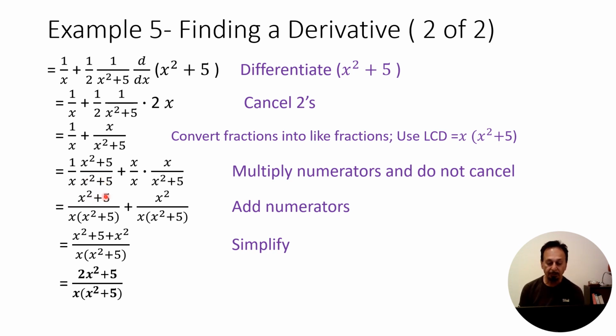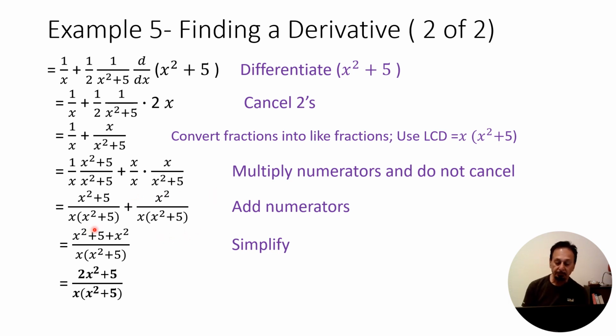For the second fraction, we multiply x over x, so it becomes x times x over x times x squared plus 5. Now multiplying 1 with x squared plus 5 gives x squared plus 5, and here x times x gives x squared.